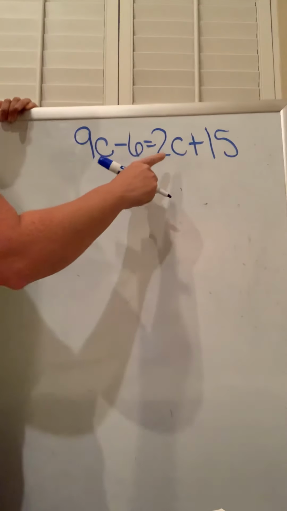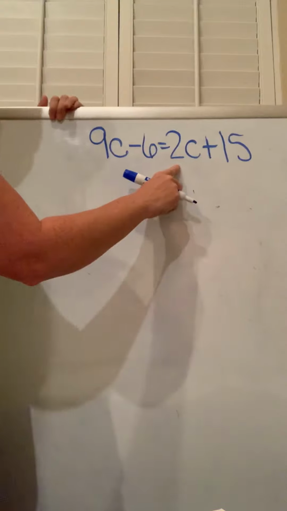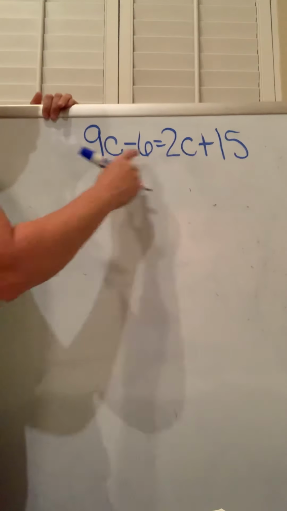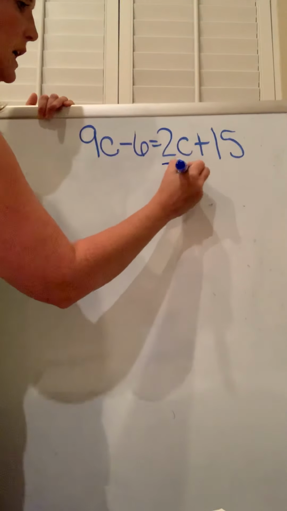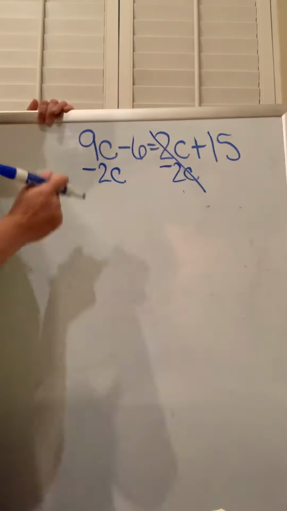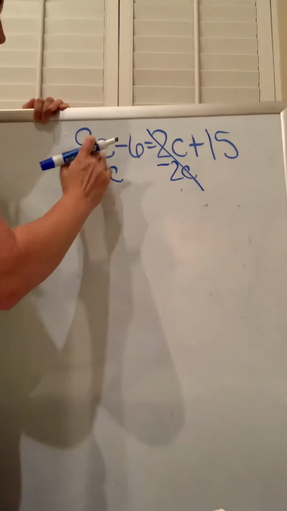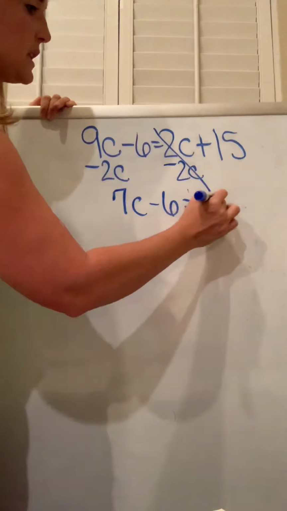So I'm going to bring the lower coefficient, remember the coefficient is the number in front of the variable, over here. In order to get rid of a positive 2C, I have to take away 2C. So I take away 2C over here. My 2C's cancel out. Now I'm left with 7C minus 6 equals 15.